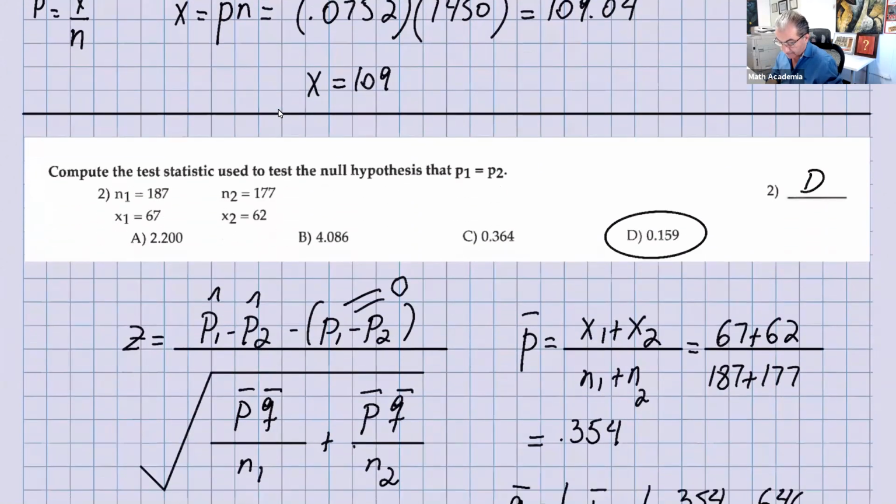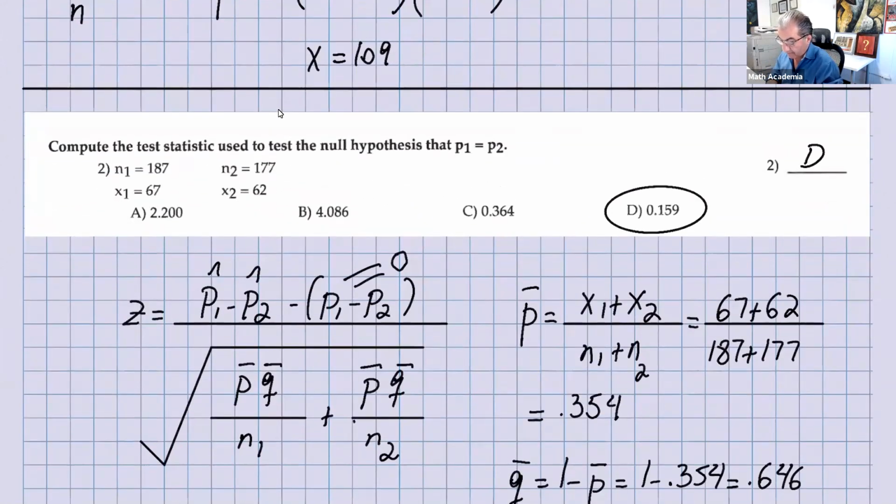The test statistics when the claim is about the difference of two proportions is p hat 1 minus p hat 2 minus p1 minus p2, and this is always 0, again assumed in H0, over square root of p bar, it's not p hat, be careful, times q bar over n1 plus p bar times q bar over n2. Now the formula for p bar is x1 plus x2 over n1 plus n2.